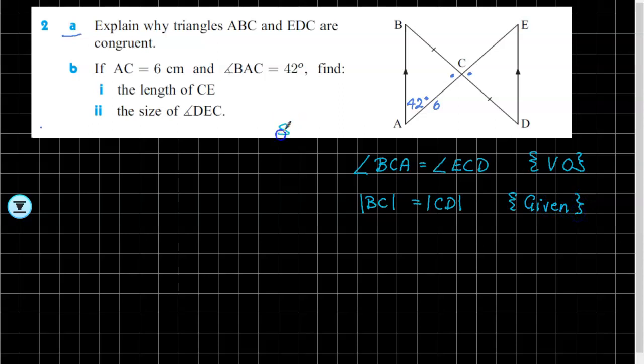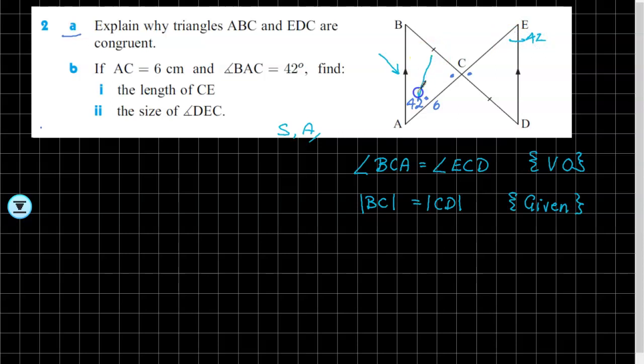So we've got a side, we've got an angle, and have we got another angle? And why? Because we've got parallel lines. Because they gave us, in the next bit, this is 42. This one here would have to be 42.